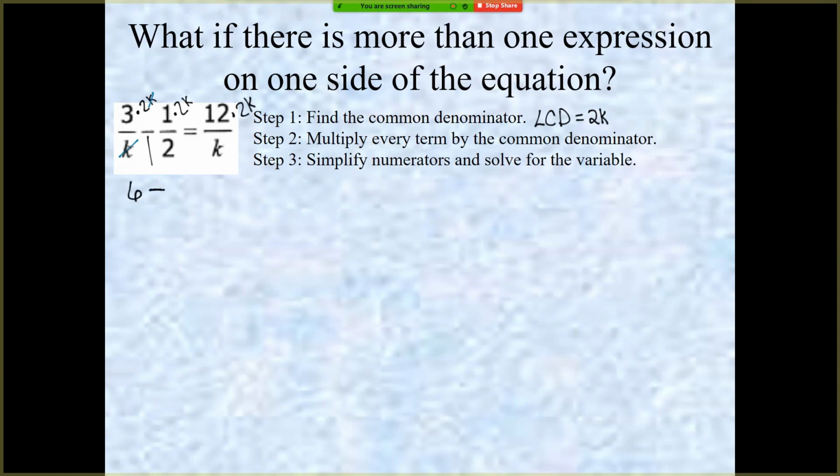Then my minus sign, so make sure you bring that minus sign down. Now I have 1 times 2k divided by 2. What's going to cancel? So the 2's cancel, leaving me with 1 times k, which is just 1k or k.